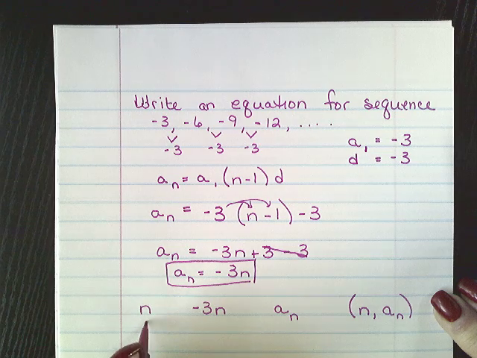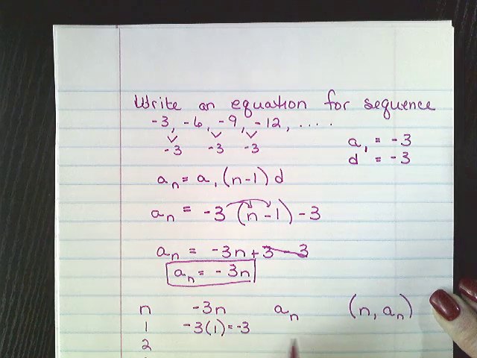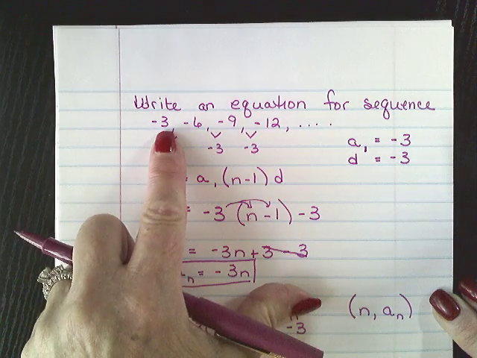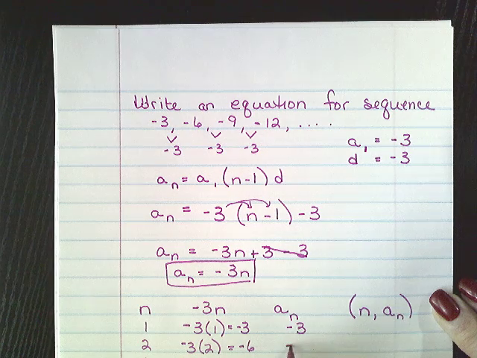So first 5: 1, 2, 3, 4, and 5. Substitute negative 3 times 1, and that's going to equal negative 3. So a_n is negative 3, and we know that because that's our first term. Negative 3 times 2 is negative 6.